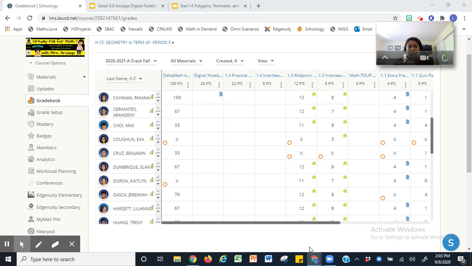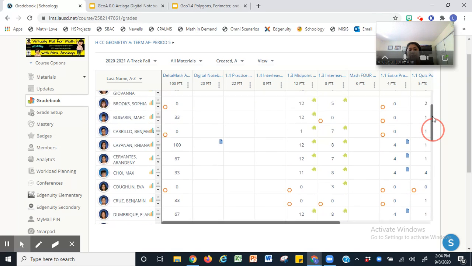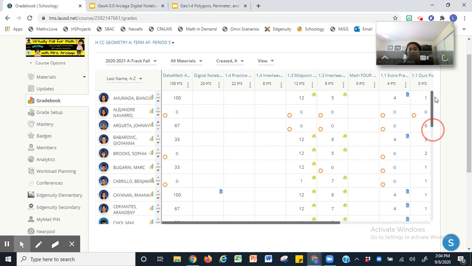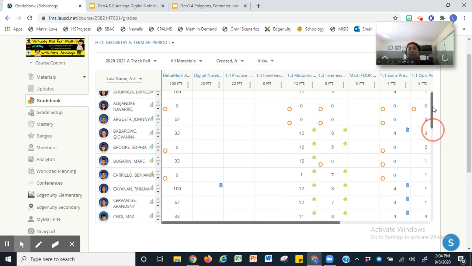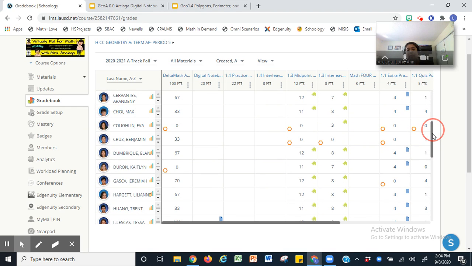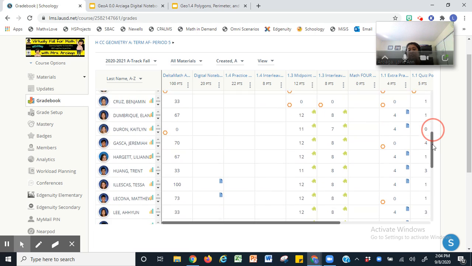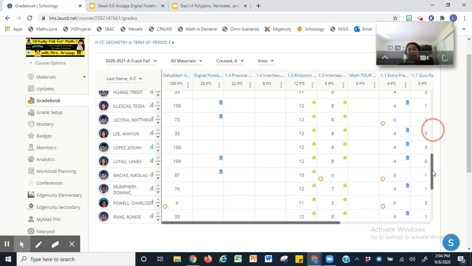That's the reason why it's lowering your grade. Wait, does the Delta Math automatically switch? No, I copied your average. If you look at your Schoology, there's a column that says Delta Math Average, and it's out of 100 points. So if you only have like 20% or 33%, that's already 5 letter grades down.